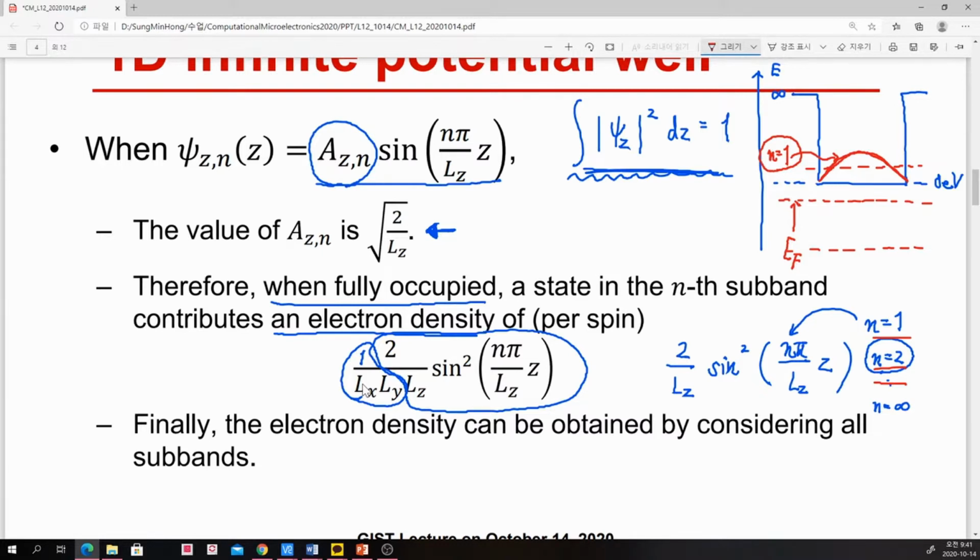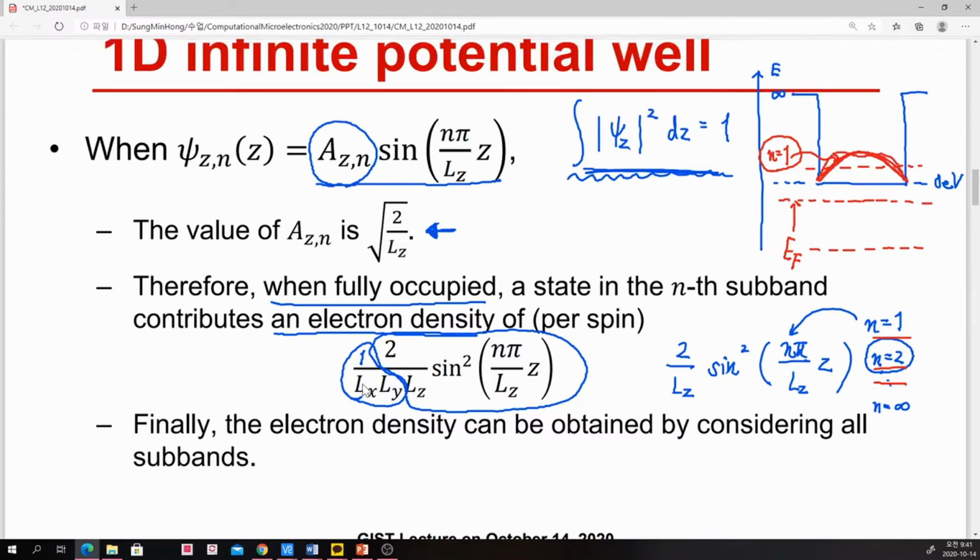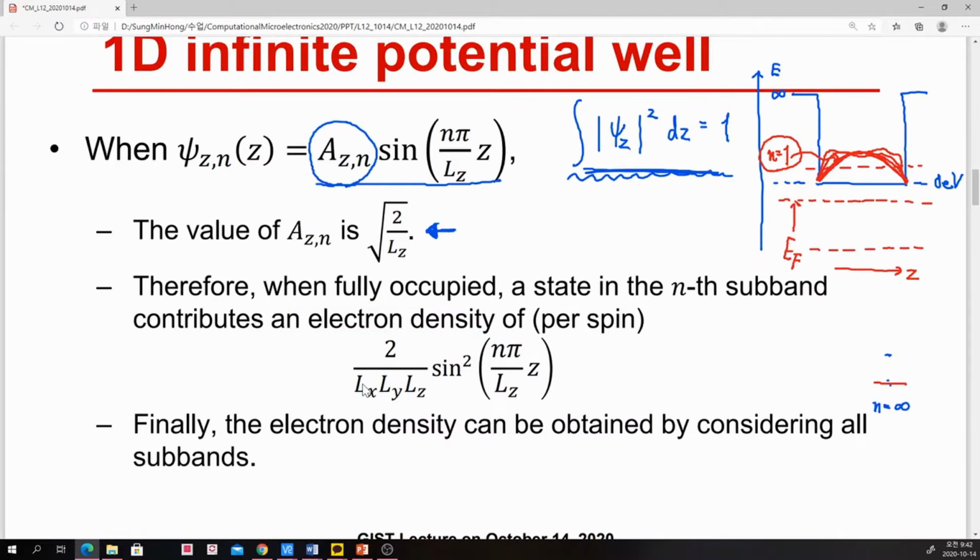So we will not have this shape, but more and more uniformly distributed electron density along this z directional coordinate.